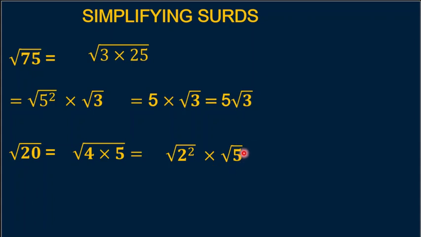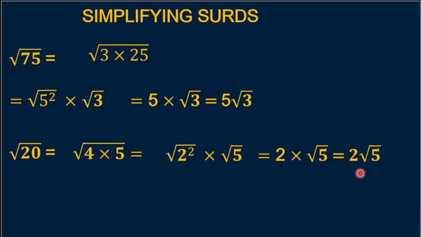This time around the 5 is not to the power 2, so we just keep it because we can't rewrite it in any other form. Now 2 to the power 2 under the square root becomes just 2 because the square cancels the square root, and so this is what we get: 2 times square root of 5, and finally 2 root 5. This is how we simplify surds.